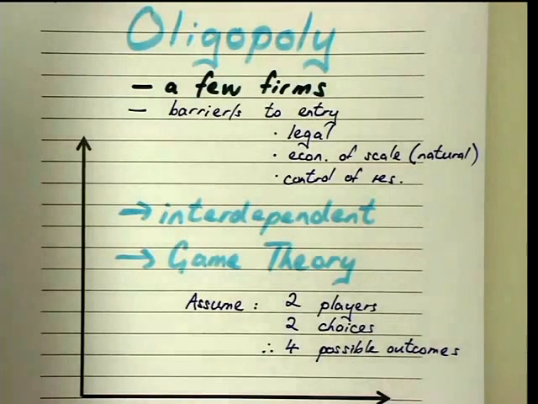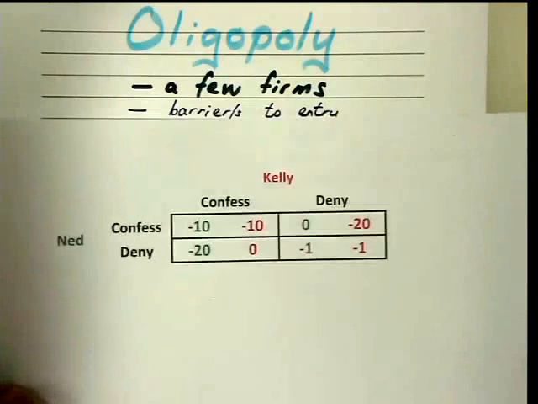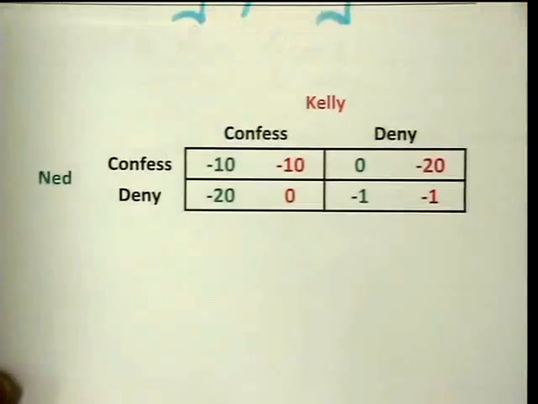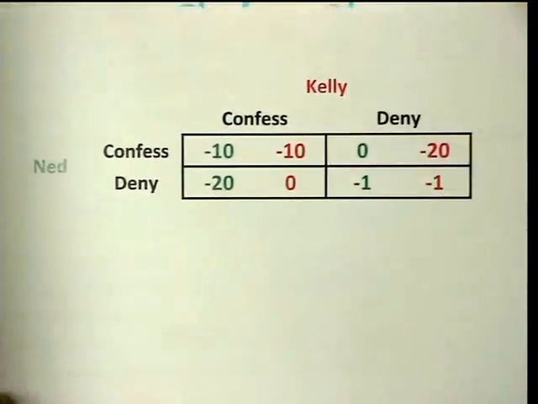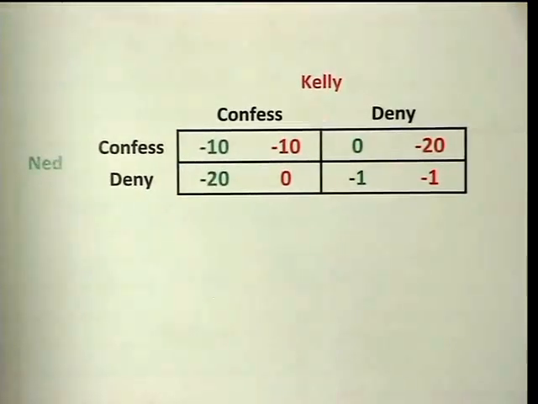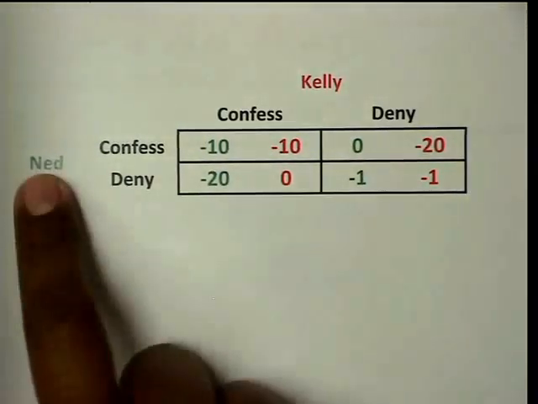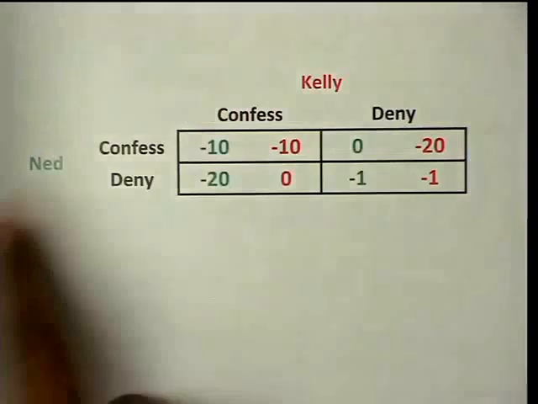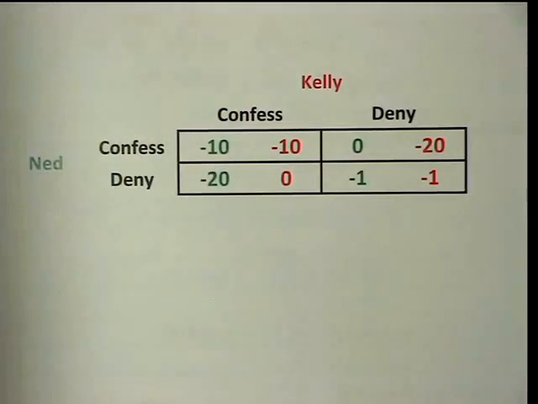The classic example is something called a prisoner's dilemma. You'll see why it's called a prisoner's dilemma. There are two firms, or two people, two individuals, two countries. It's two anything, right?